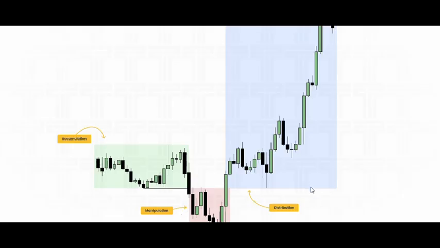Every single candle, right? We like to think that every single candle has a power of 3. That's before a candle is created, there is an accumulation or a consolidation in that sense, right? So accumulation, and then that accumulation gets manipulated.